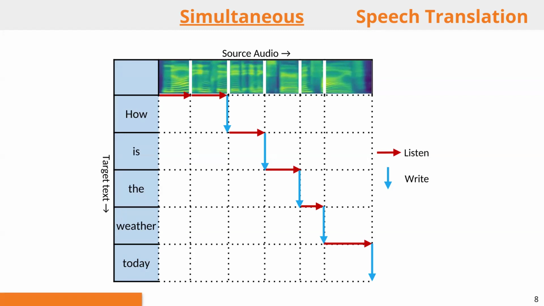So it goes either right or down in this matrix, in this visualization. And the reason for simultaneous processing is that the results are available at the same time as the speech is being processed, so the users can interact directly in real time.